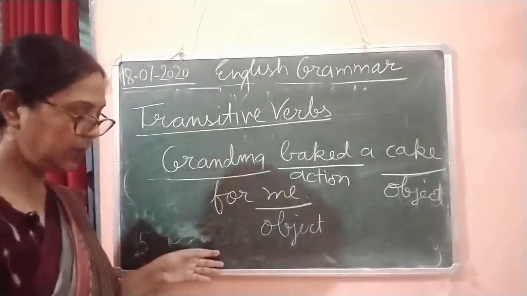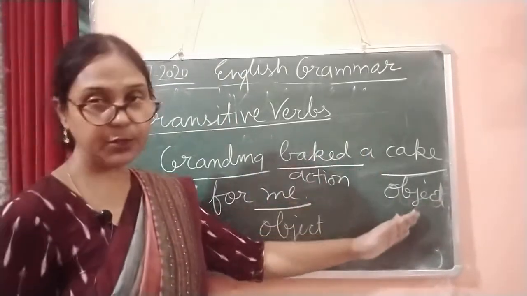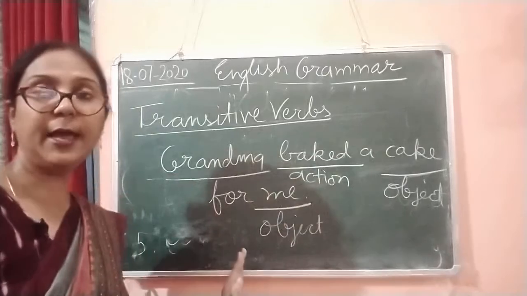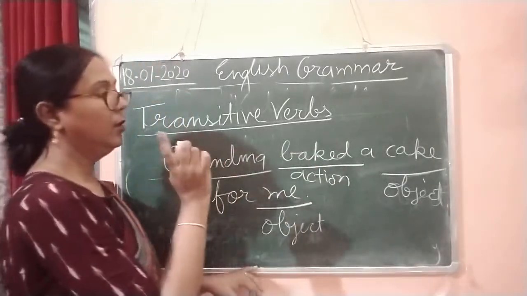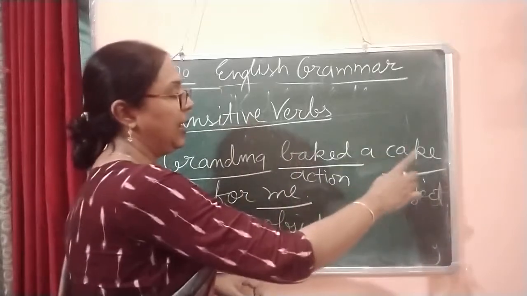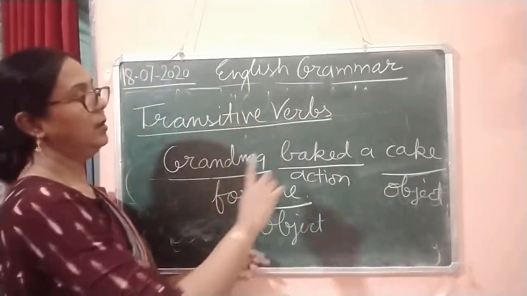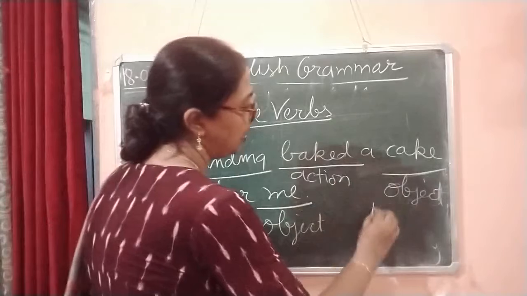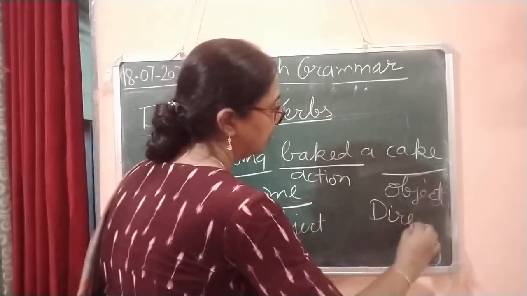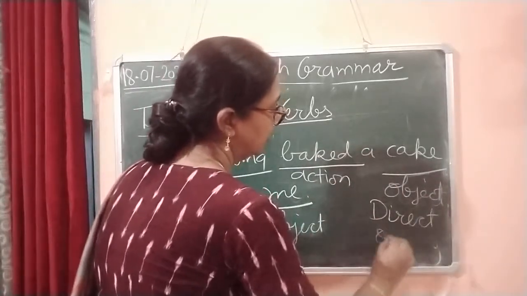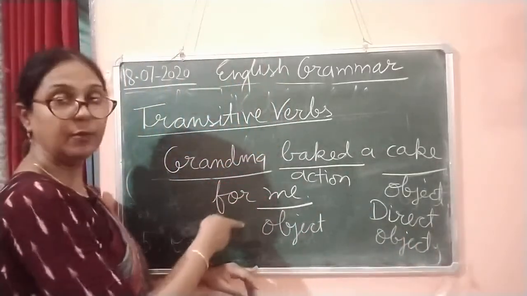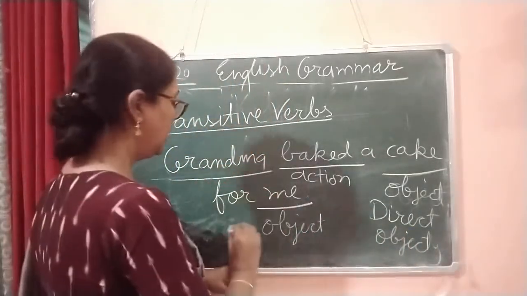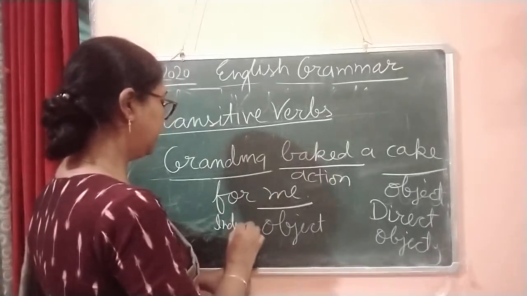Now here you can see this is the direct object and this is the indirect object, because the cake was baked by grandma, so this is called the direct object. And for me, this is the indirect object.